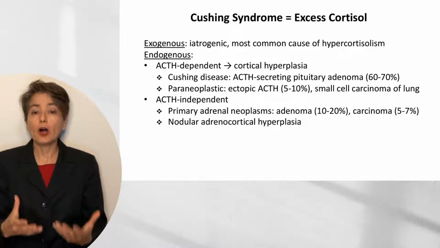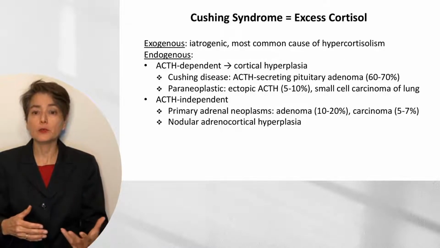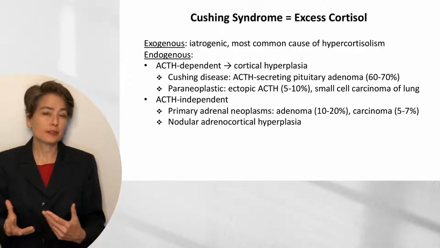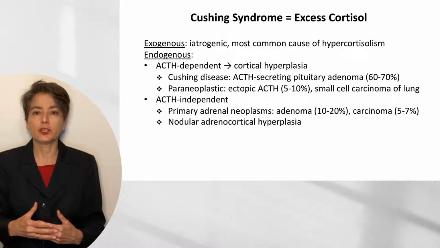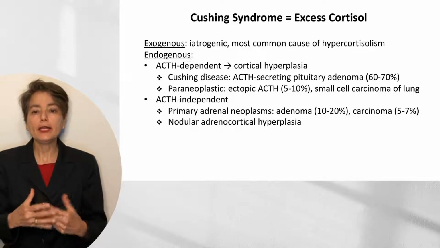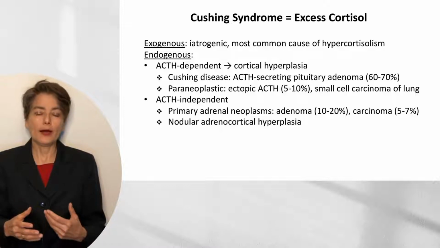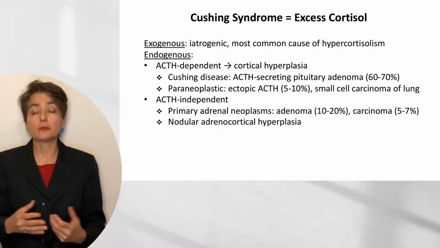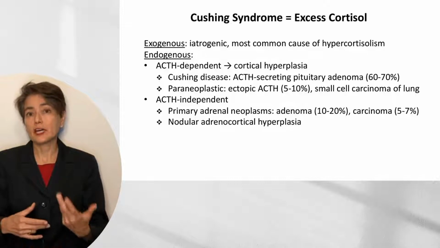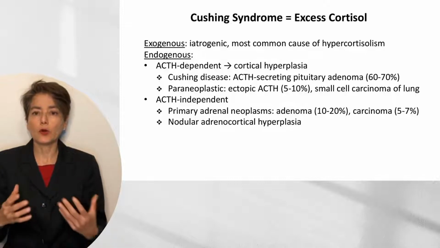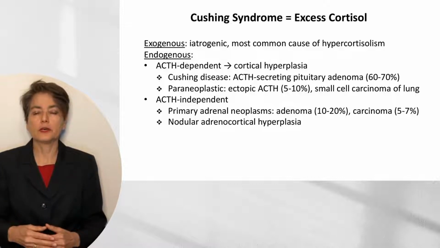The two primary causes of this will be Cushing disease, which is caused by an ACTH secreting pituitary adenoma, so that's about 60 to 70% of cases of Cushing syndrome, and paraneoplastic ACTH secretion. So this will be when you have some sort of malignancy, for example, small cell carcinoma of lung, that is ectopically secreting ACTH, which will then stimulate the adrenal gland, cortical hyperplasia, increased cortisol.